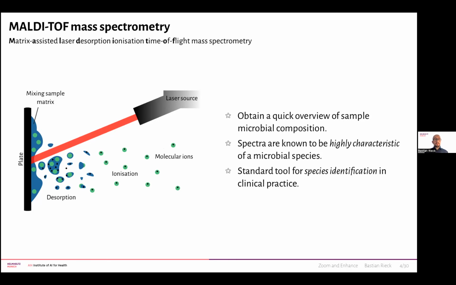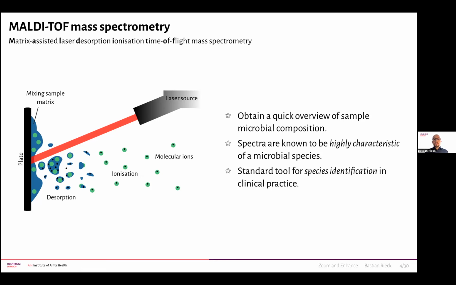So it breaks up, and you gain some molecular ions as a result of that. And these molecular ions that occur from this reaction are the things that you then measure with the usual time of flight mass spectrometry. The idea being that there are certain time of flight numbers that are characteristic for certain types of molecular ions.